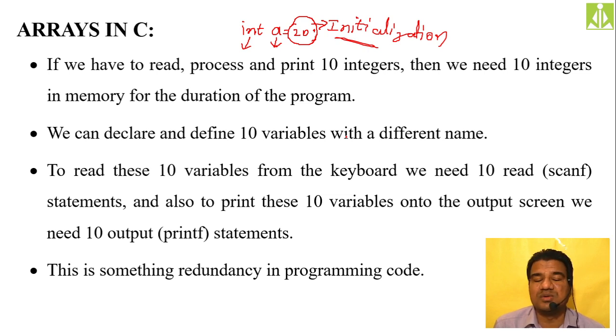If you are reading two values, two scanf statements, or a single scanf statement with two conversion codes. Likewise, as the number of variables increases in your program, the number of scanf statements or conversion codes will also increase. It is a redundancy, which means repetition, doing the same work again and again.